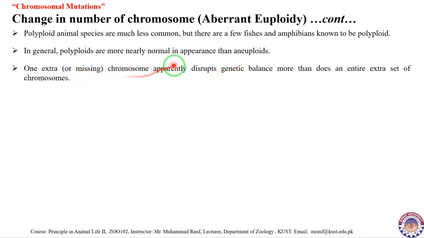One extra or missing chromosome apparently disrupts genetic balance more than does an entire set of chromosomes. Now, it is an interesting statement. They are saying that if one chromosome is missing or extra, its effect on the genetic balance is much more as compared to if a complete chromosome set is missing or extra.